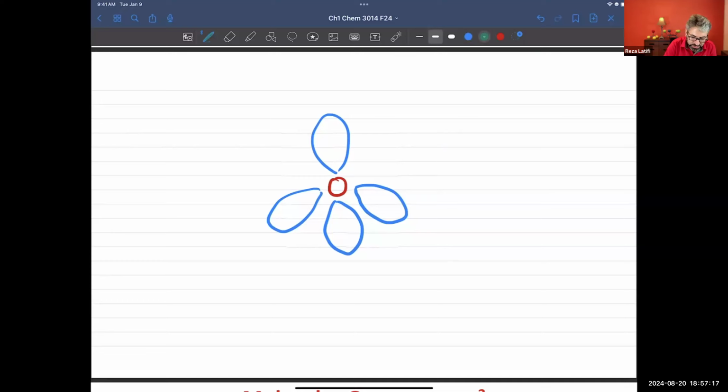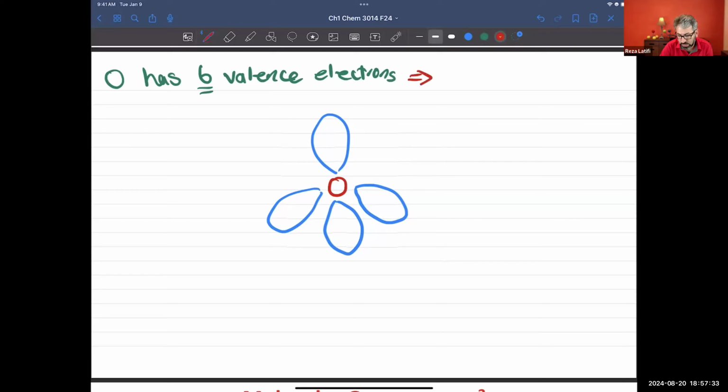Okay, oxygen has 6 valence electrons. Okay, let's show the valence electrons. 1, 2, 3, 4. Okay, next 5, 6. So that means these 2 orbitals will be taken, fully occupied.